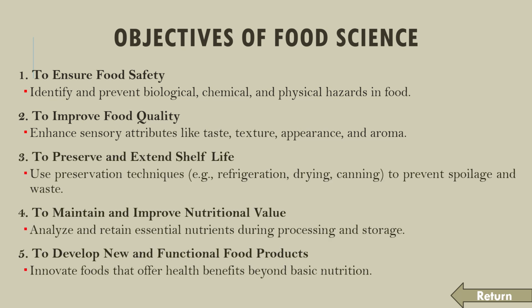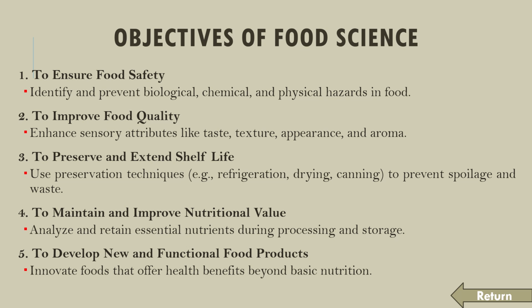Objectives of Food Science, Part 1. So, why do we study food science? Let's look at the main objectives. 1. To ensure food safety, identifying and preventing hazards such as biological, chemical, and physical contaminants. 2. To improve food quality by enhancing taste, texture, appearance, and aroma. 3.